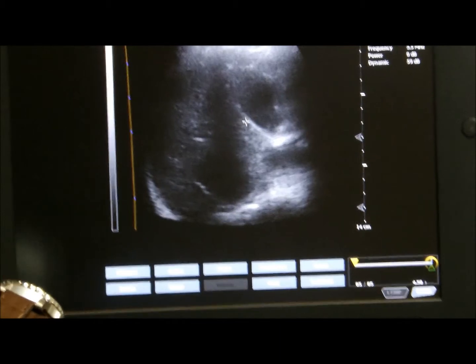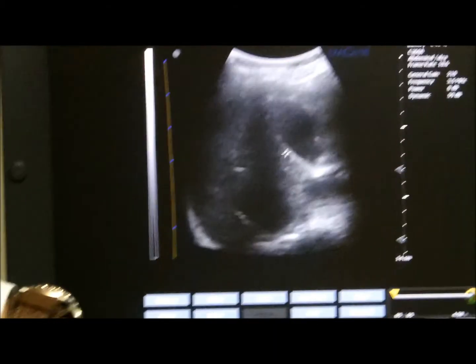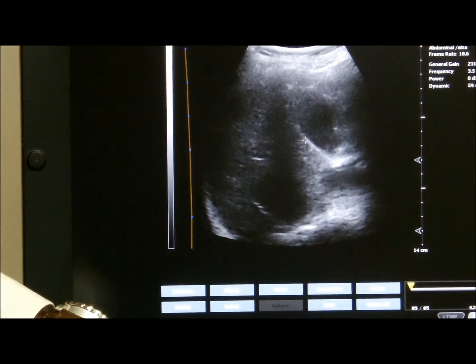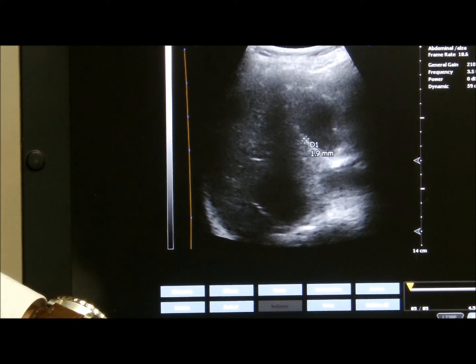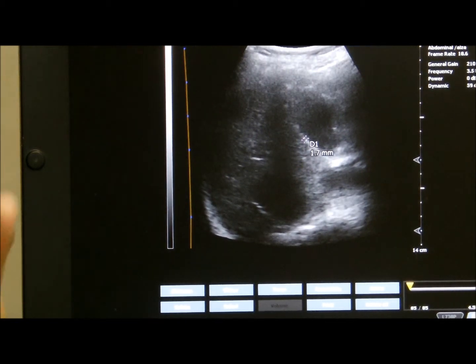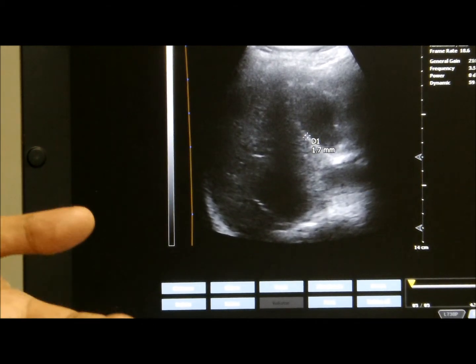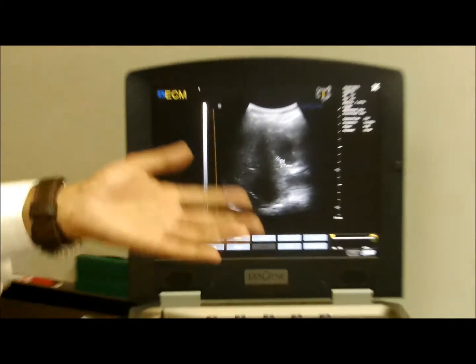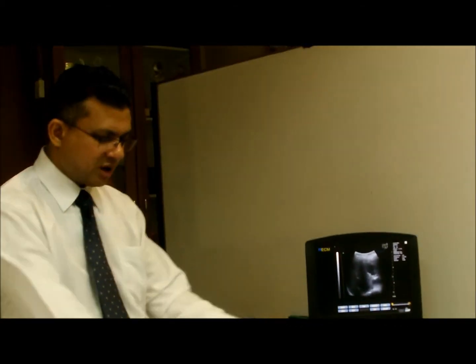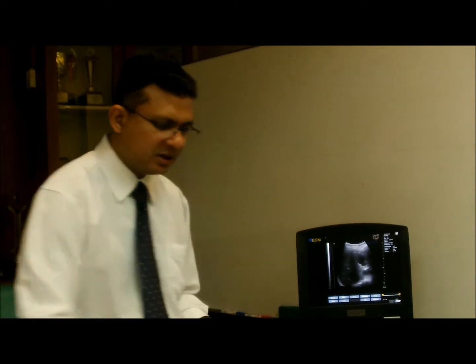When you measure the wall from side to side, here is 1.7 millimeters. Usually we take 4 millimeters or more for patients who have acute cholecystitis. So that's a way of looking for hepatic abscess or any gallbladder pathology.